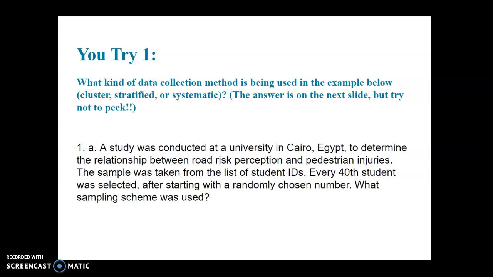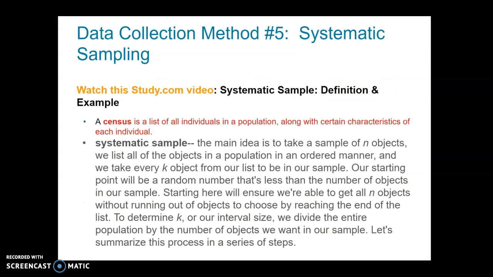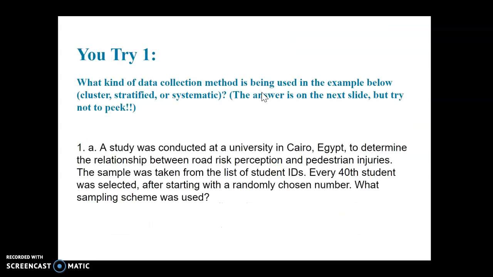Here's a video I want you to watch on systematic sampling, and some definitions and then the process. So what I've got here for you for the rest of the period, if you will go through and watch these videos, every time I want you to watch a video, it tells you to do it in orange, and then the link is actually this thing here, the systematic sampling. And then I've got some U-tries built in. I do want you to try the U-tries in this activity.